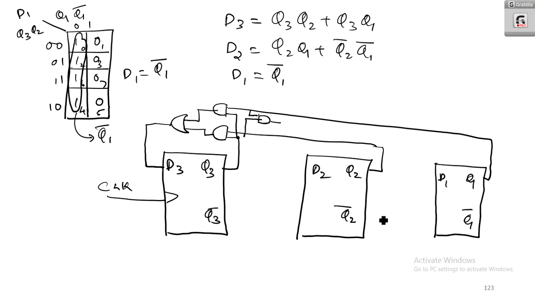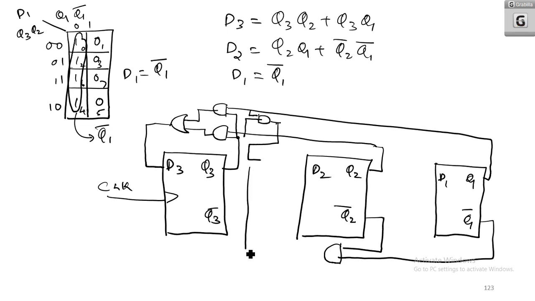So I can have Q2 bar there, Q1 bar there. Q2 bar, Q1 bar, and these two things need to be ORed, right? So I should OR these two and give it to D2. Now D2 is ready.